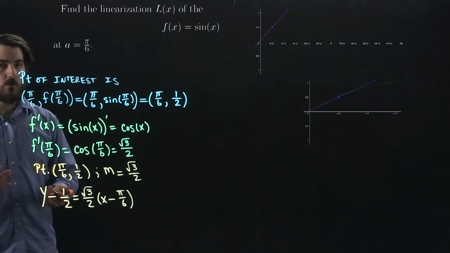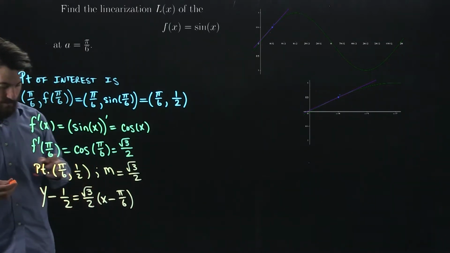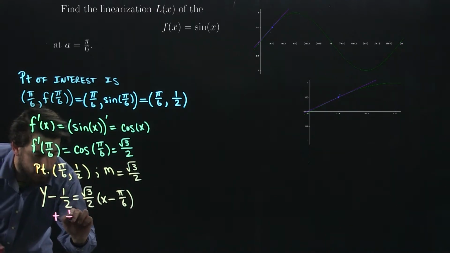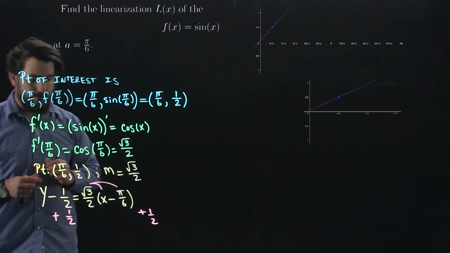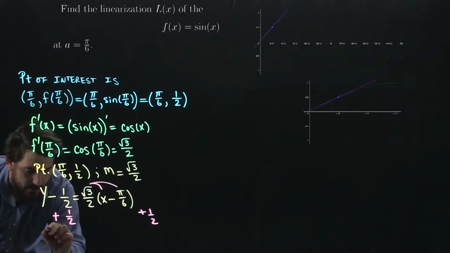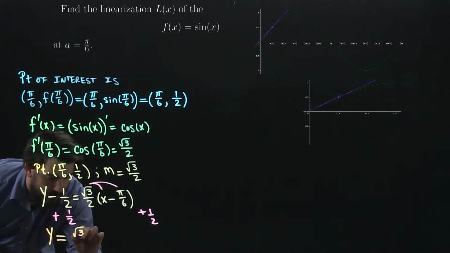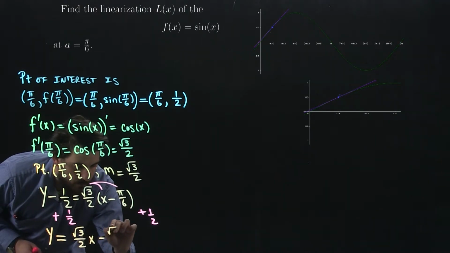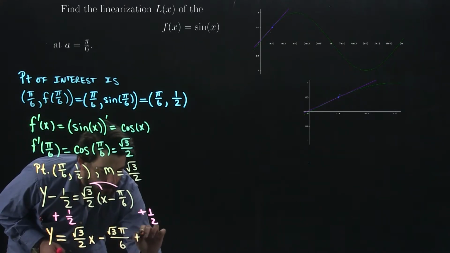I'm going to add 1/2 to both sides and distribute. So y equals root 3 over 2 x minus root 3 pi over 6, plus 1/2.